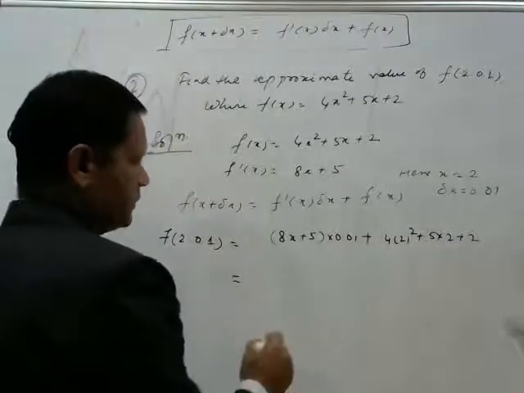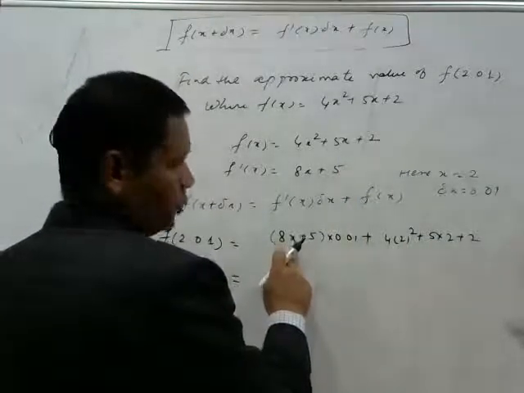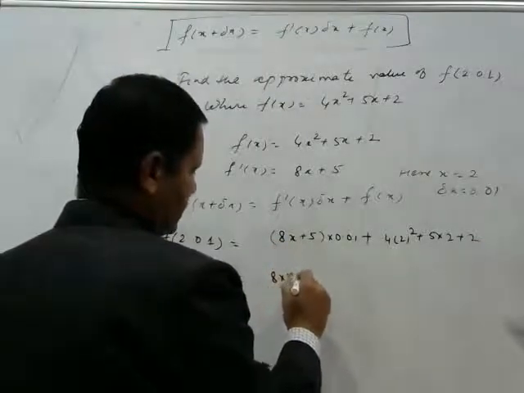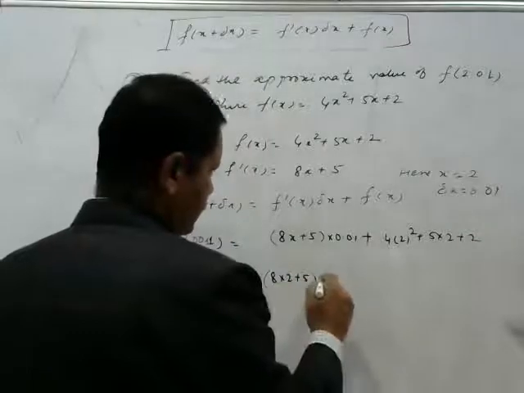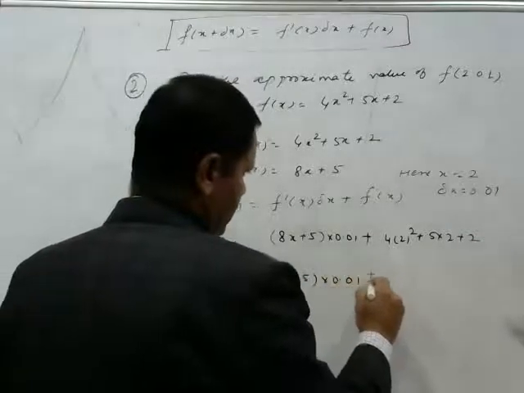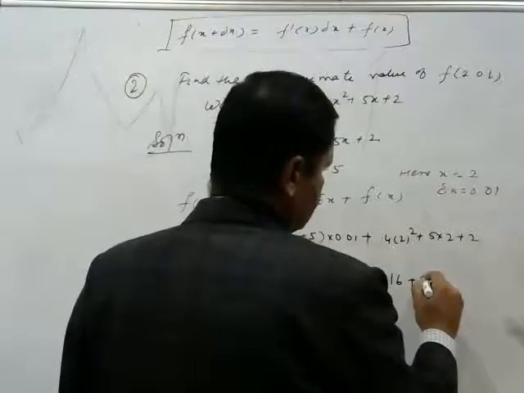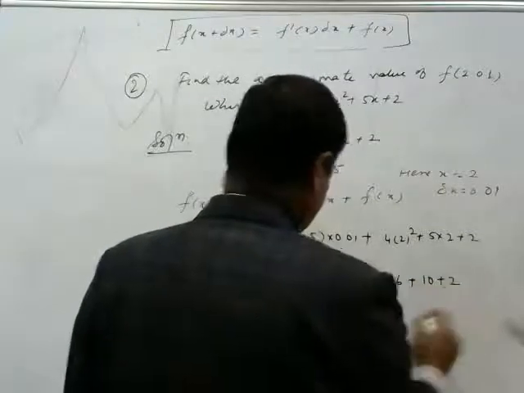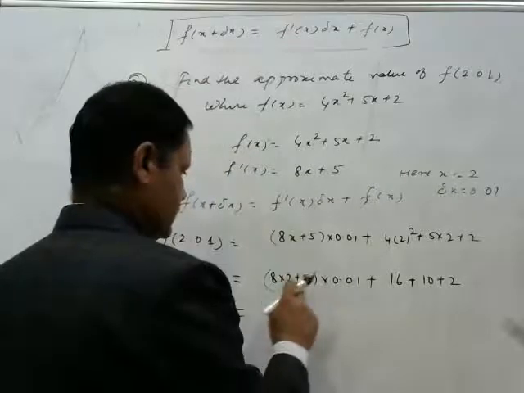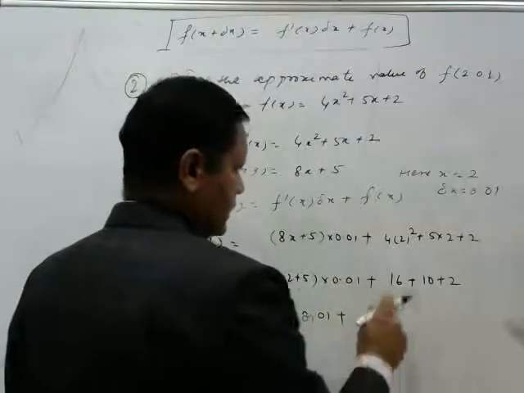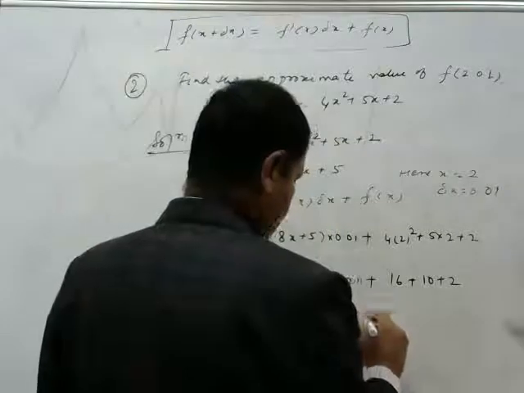Now this is equal to, the value of x is how much? 2. So now 8 into 2, 16, plus 5, into 0.01, plus 16 plus 10 plus 2. Now this is 16 plus 5 is 21, into 0.01, plus 26 plus 2, 28.